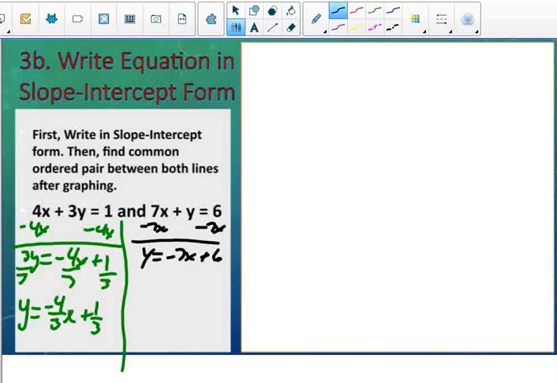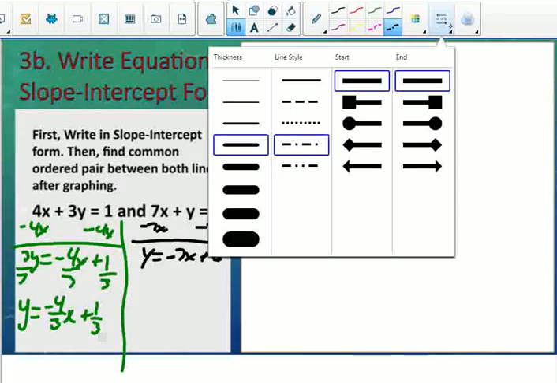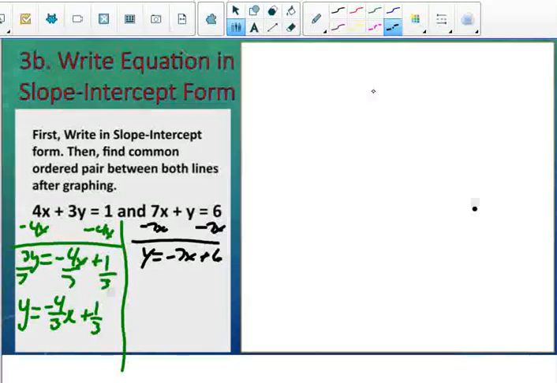Now I'm going to have to draw a coordinate plane here. So let me just draw our line here.